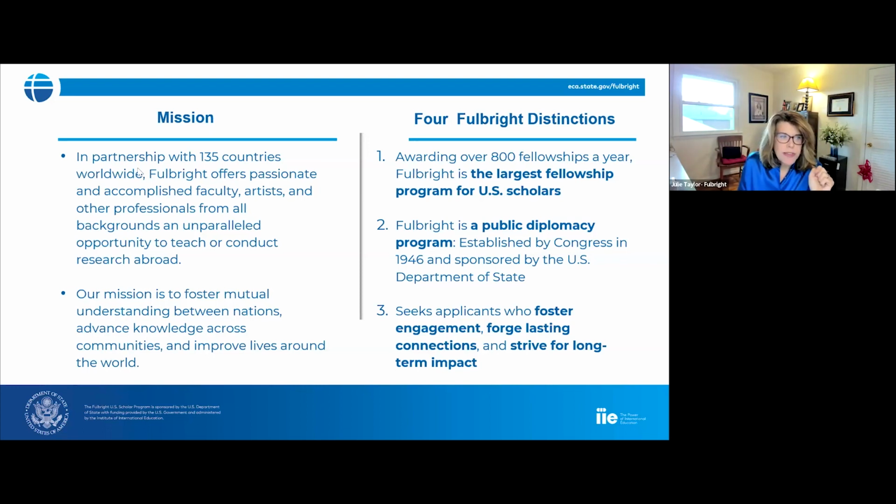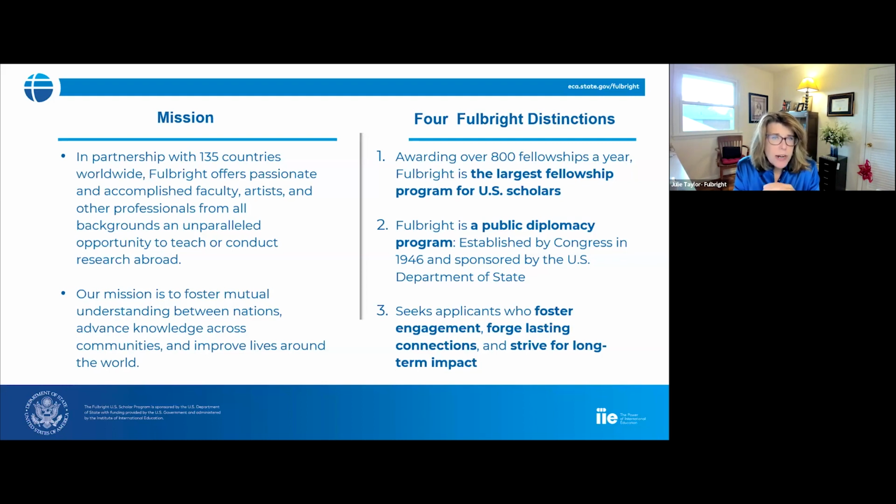Now, there are 4 things that are distinctive about the Fulbright program that would be different than a lot of the other opportunities that you may be looking at. And those are that, 1, we award over 800 fellowships a year, between 800 and 900, which makes us the largest fellowship program for U.S. scholars.